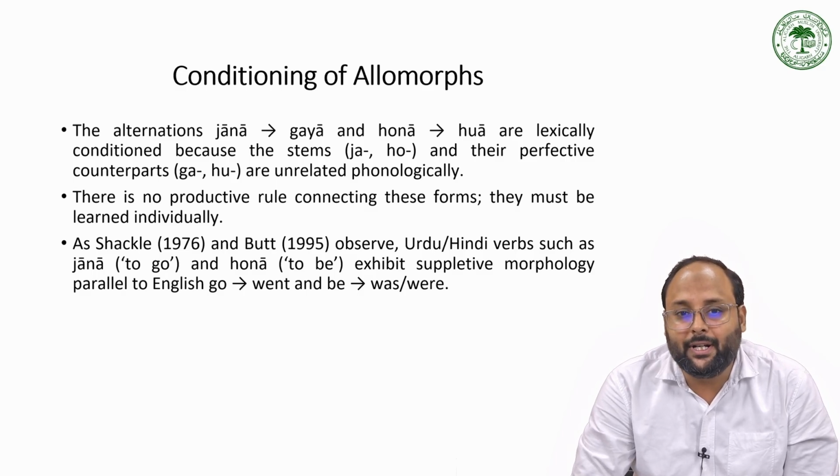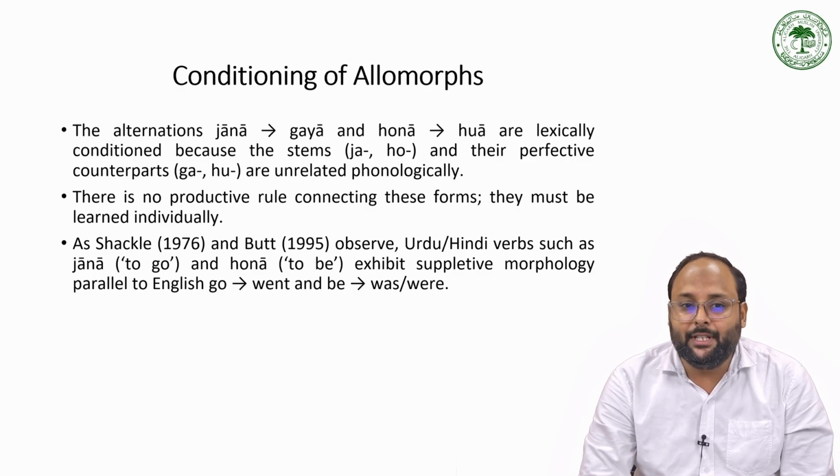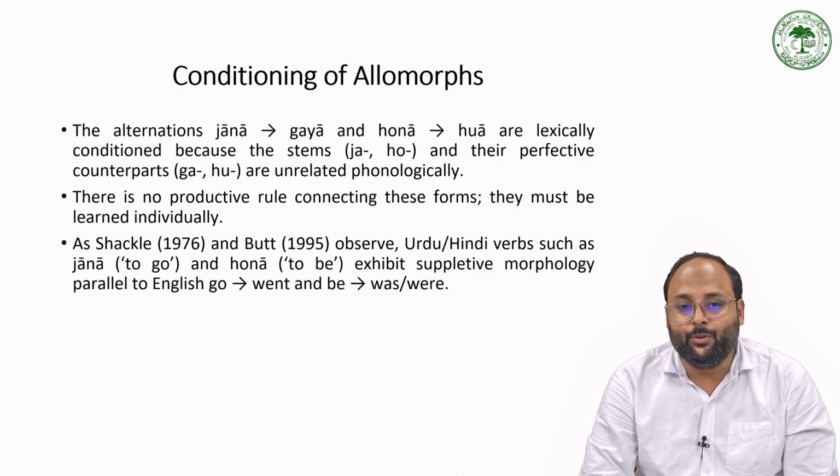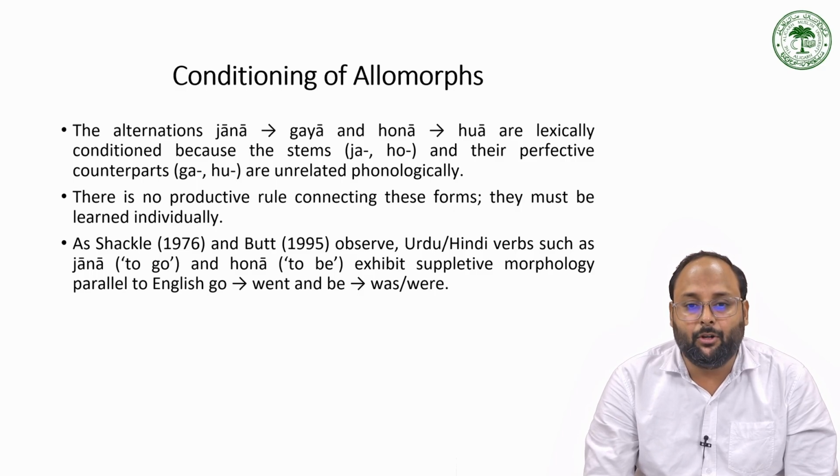There is no productive rule connecting these forms. They must be learned individually. All the examples of lexical conditioning must be learned individually. Hindi Urdu verbs like jana and hona have suppletive morphology, as we have already discussed. Like in English, we have go, went, and be, was, were.